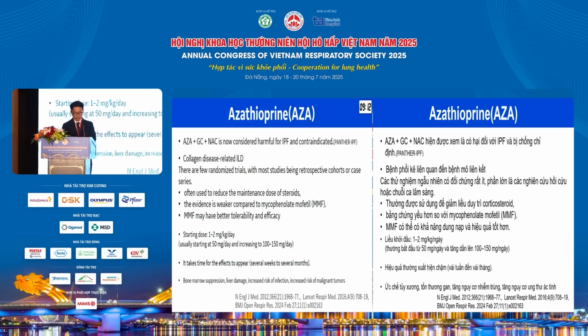There are few randomized trials, with most studies being retrospective cohorts and case studies. In recent studies, mycophenolate has been more used for its efficacy. Mycophenolate is used at doses of 1 to 2 milligrams per kilogram per day, usually starting at 500 milligrams per day and increasing to 1,000 to 1,500 mg per day.